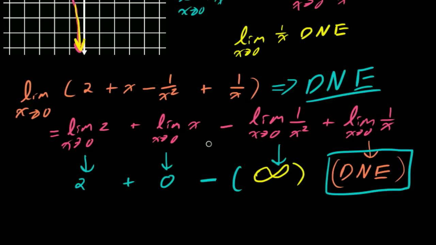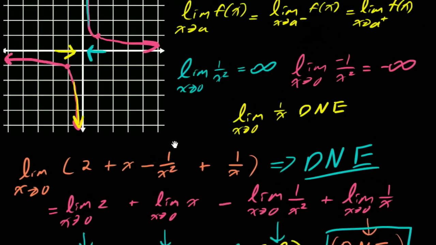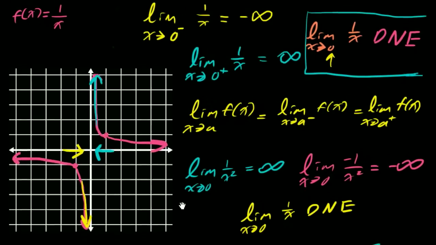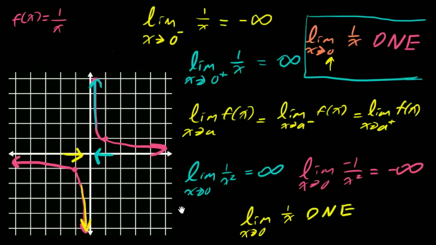So anyway, hopefully you now have a few tools in your mental toolbox to help you tackle some of these limit problems that you might see that don't necessarily fit those rules that we talked about when we talked about the properties of limits.